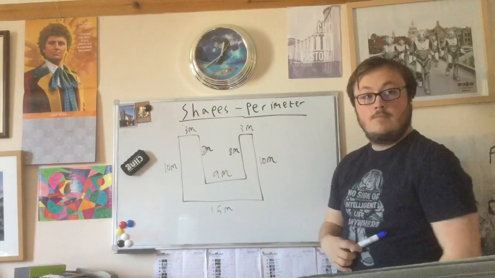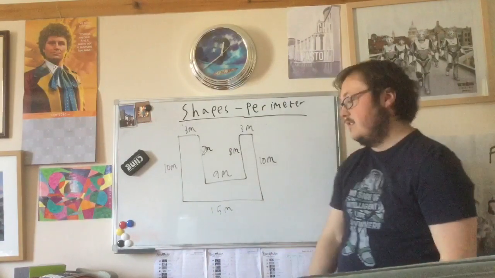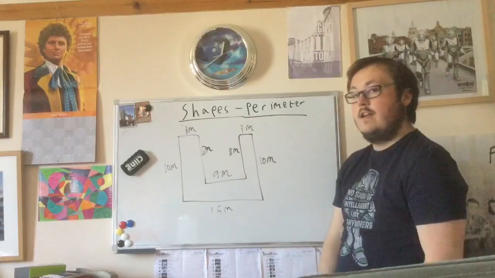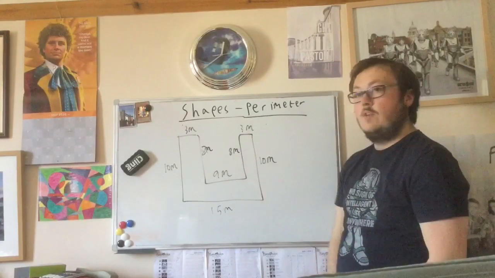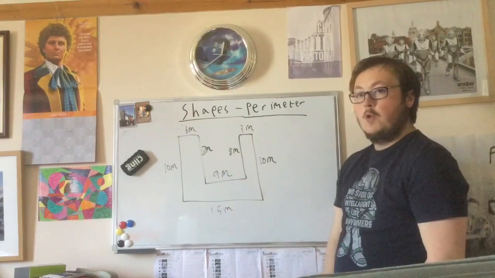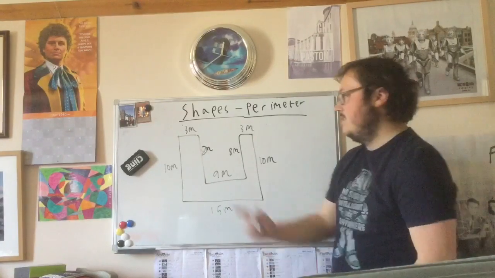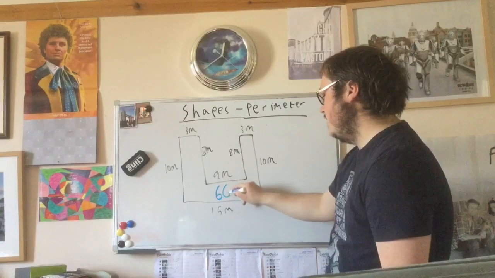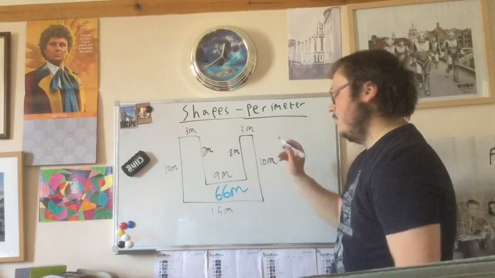So let's find our perimeter. 3 add 10 is 13, 13 add 15 is 28, 28 add 10 is 38, 38 add 3 is 41, 41 add 8 is 49, 49 add 9 is 58, and 58 add 8 gives you a perimeter of 66 centimetres.